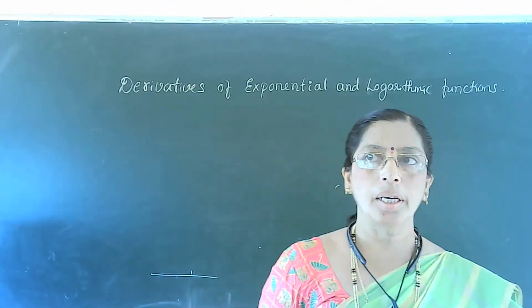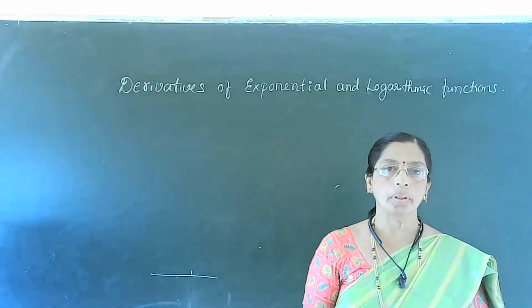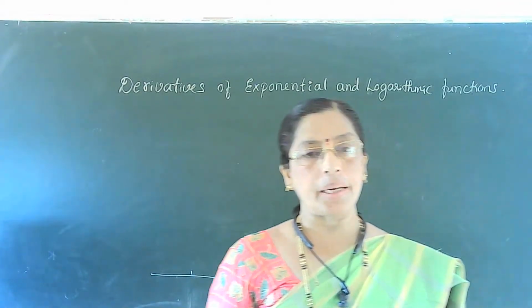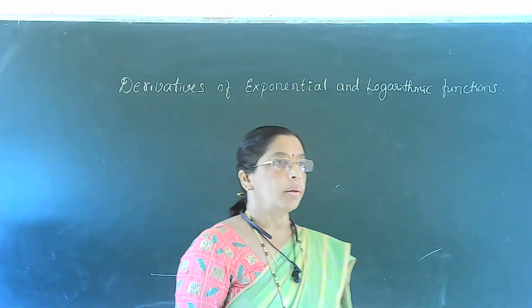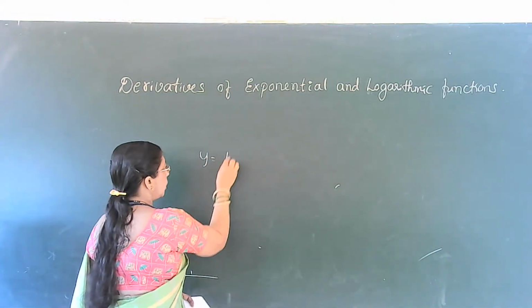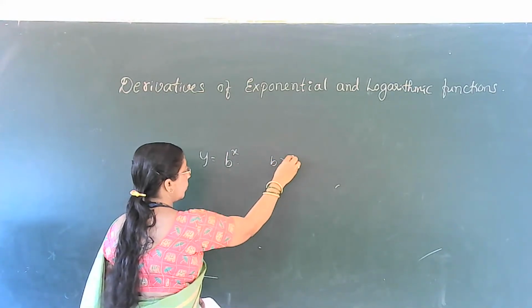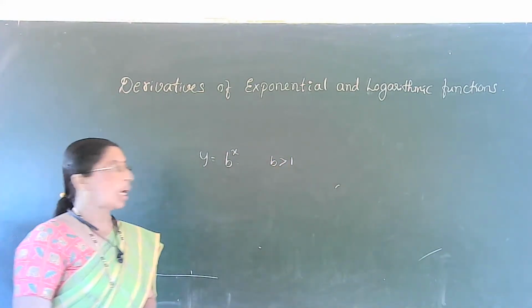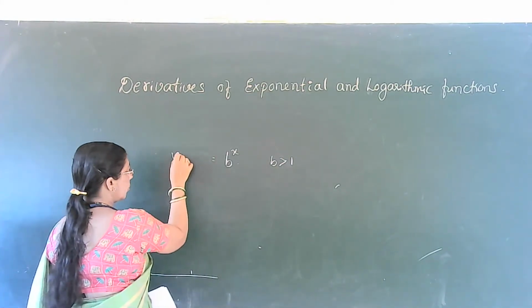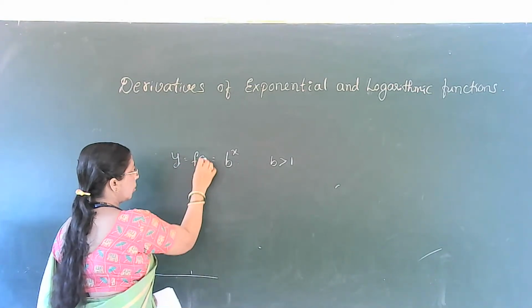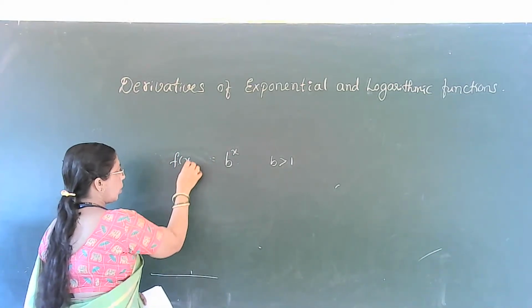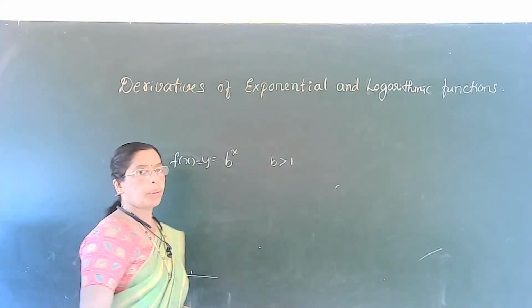Dear students, yesterday we studied exponential functions and logarithmic functions. y is equal to b to the power x, where b is greater than 1. This type of function is called an exponential function, f of x equal to y, which is equal to b to the power x.